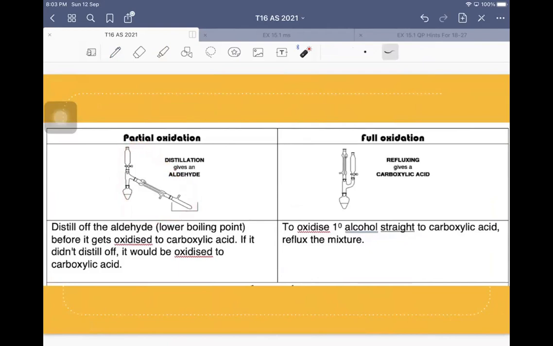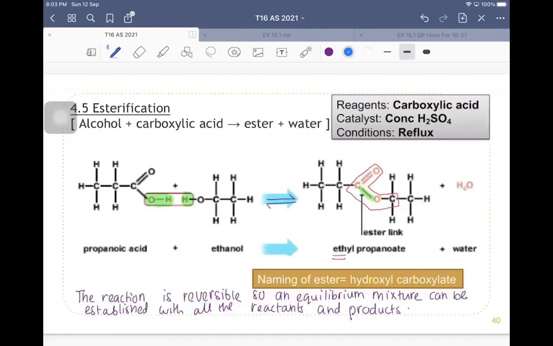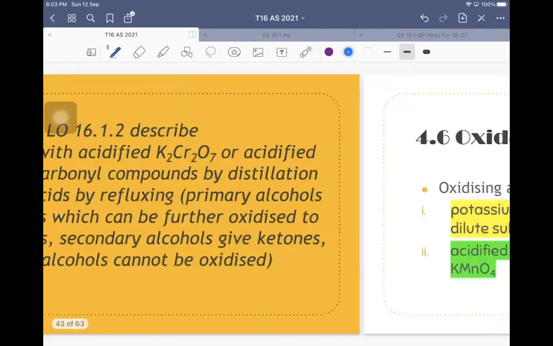The reason for distillation is that you distill off, you collect any aldehydes that are formed. Aldehydes will be produced first, followed by carboxylic acid, because aldehyde will have a lower boiling point than carboxylic acid.